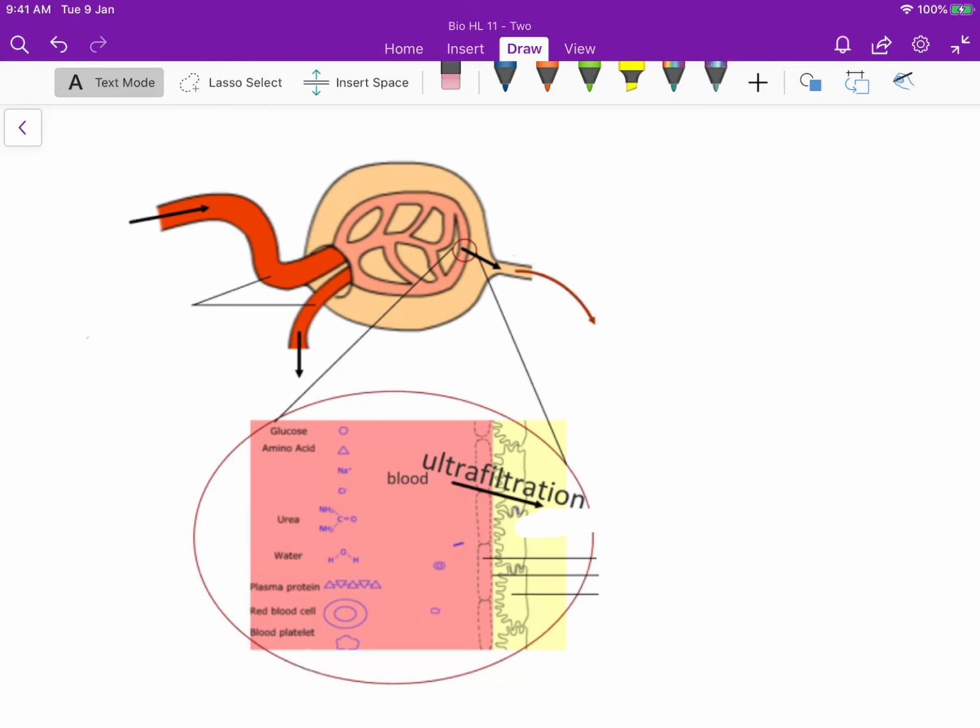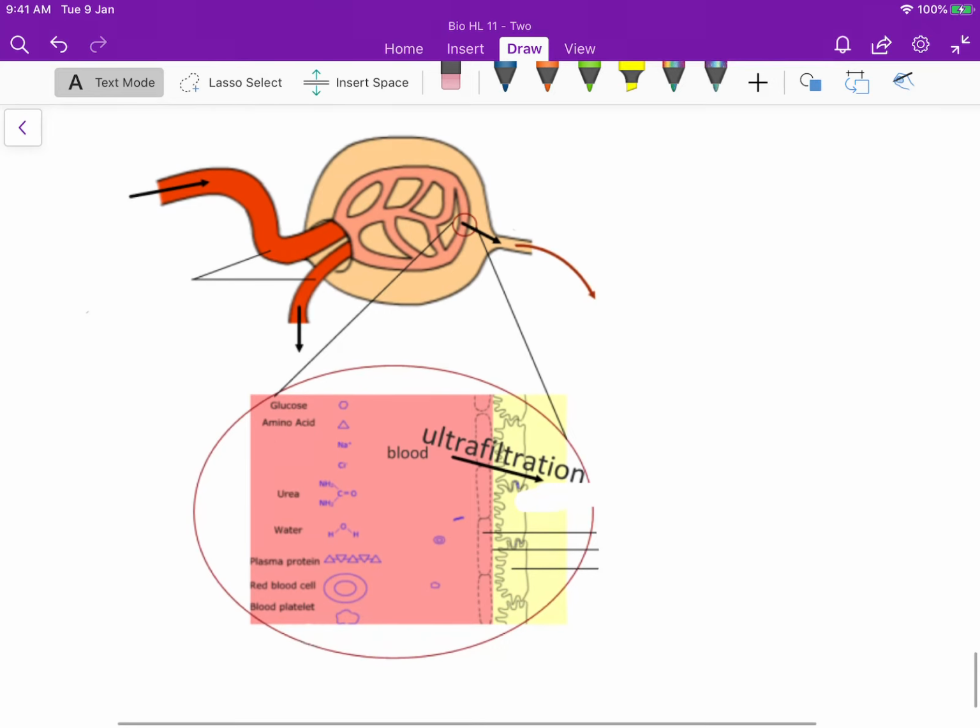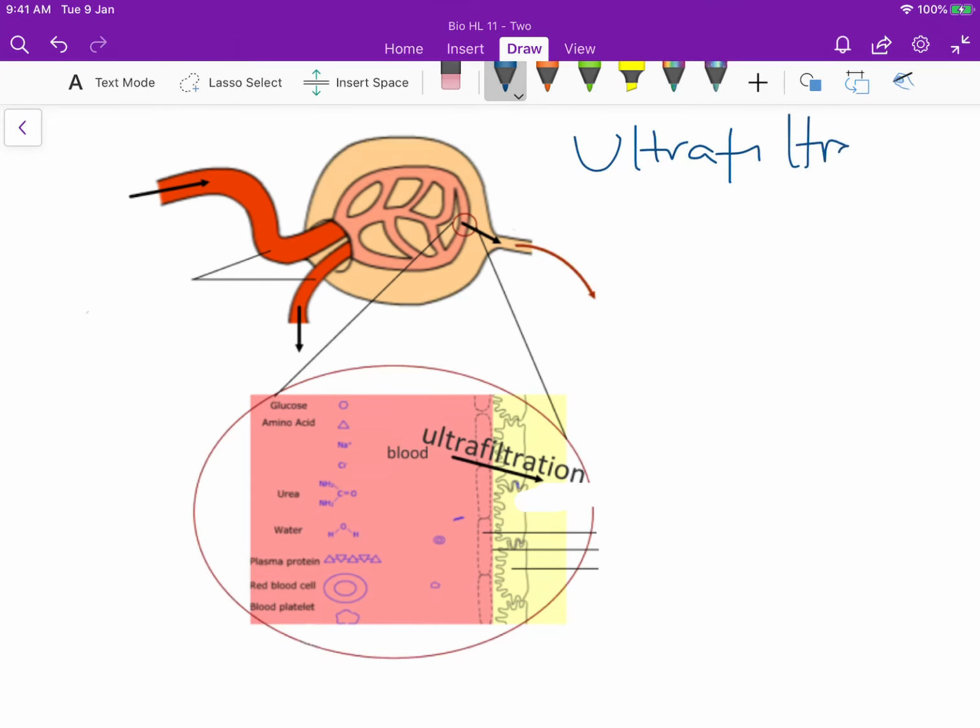Okay, so let's zoom in then. This is ultrafiltration. Ultra because it's tiny. It cannot be seen even with a microscope. The scale that we're talking about, like with ultrastructure of cells, is tiny.